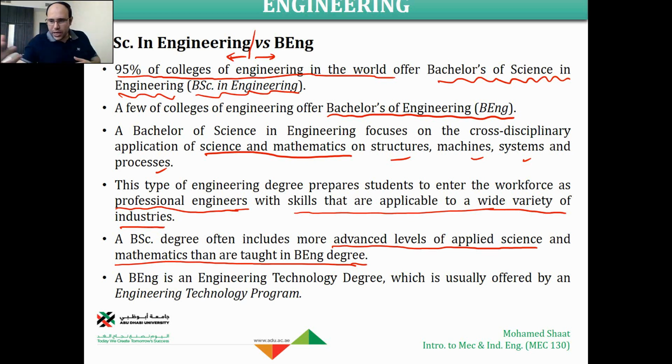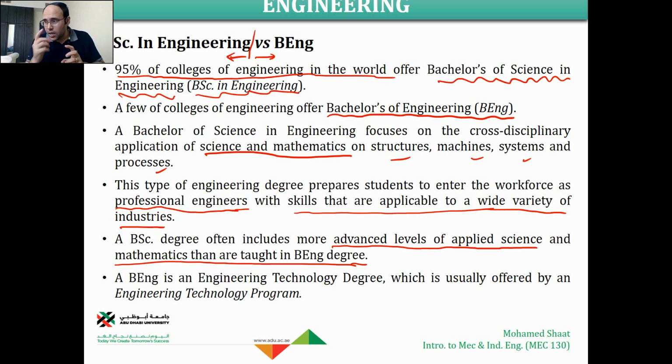You study the theory, understand the theory, then you're going to use this theory for different applications. This is the Bachelor of Science in Engineering. But with a Bachelor of Engineering, you're going to be more career oriented. You aren't going to go deeply through the theories. You will not go deeply through the basic science, but you're going to focus more on the applied science.